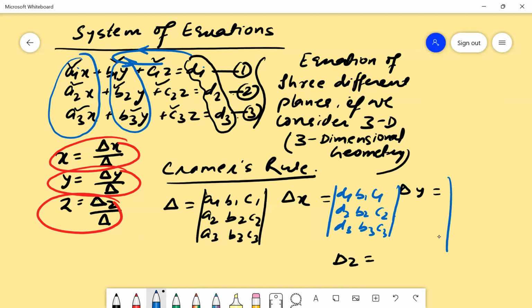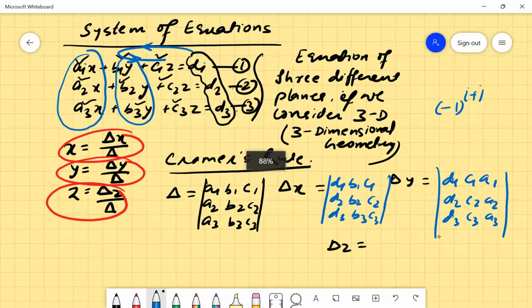But I will write d1, c1, a1, d2, c2, a2, and d3, c3, a3, because the middle one is of negative sign. There is a rule of minus 1 to the power i plus j. I will discuss later why this delta y is negative.